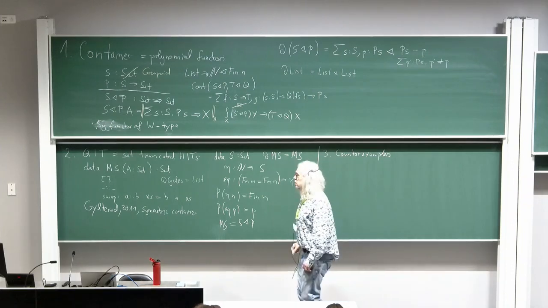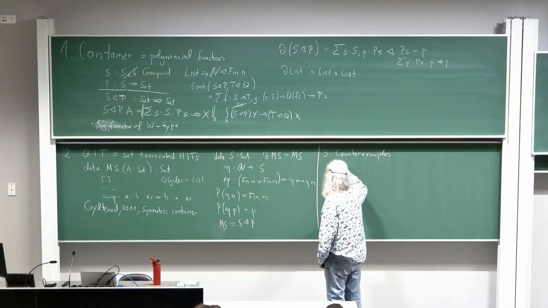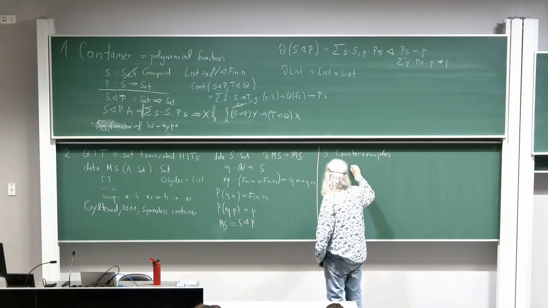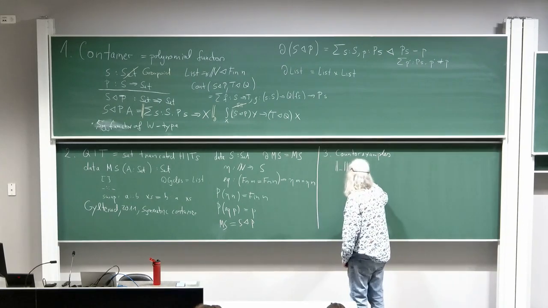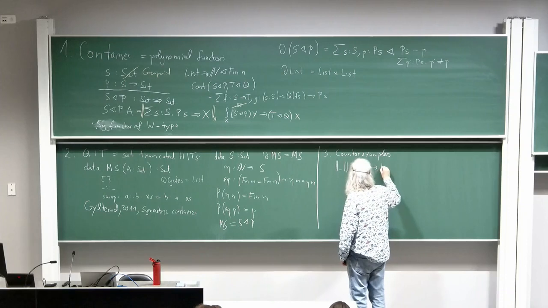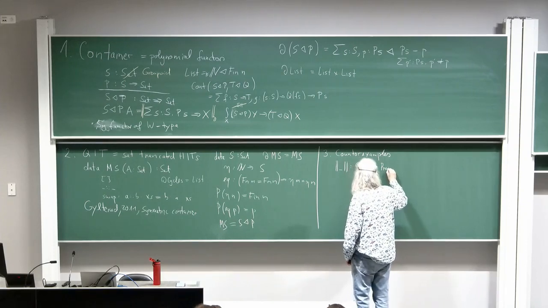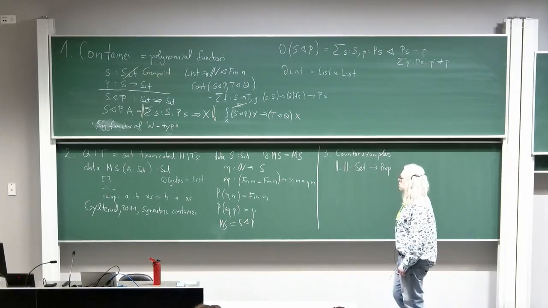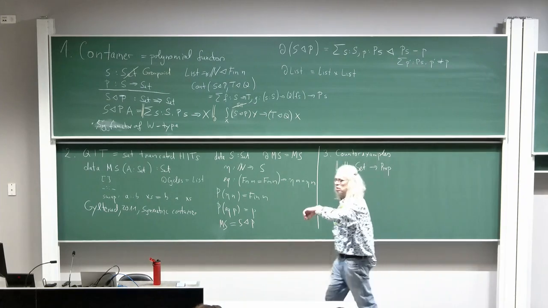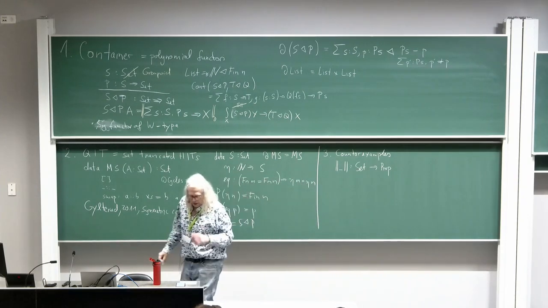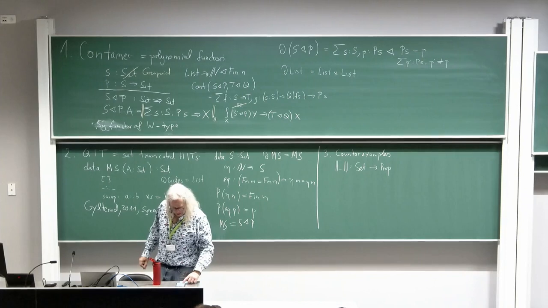The first one is a well-known truncation, I mean propositional truncation, which goes from set to prop. Now, here's a little argument why this cannot be.